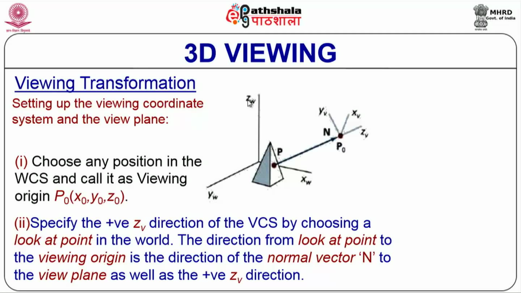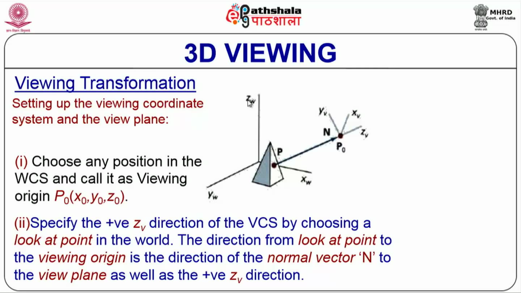So that is how we do this. Let me repeat: the z direction is first formulated by identifying a lookout point, and the direction from P to P naught is the positive z direction for the viewing coordinate system. For the positive y direction, we simply imagine the direction parallel to the upward direction of the world coordinate system.